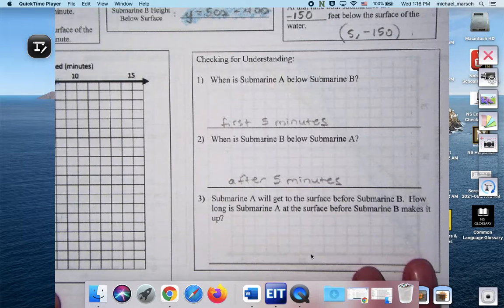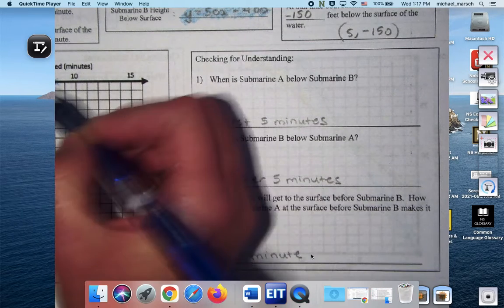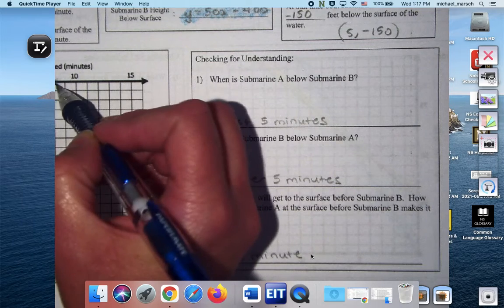And then how long is submarine A at the surface before submarine B? Lux? 2 minutes. Right, because A surfaces at 6, submarine B surfaces at 8.